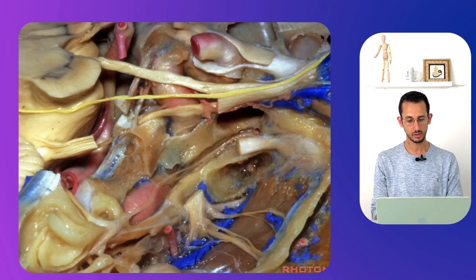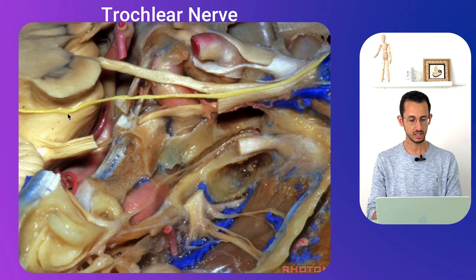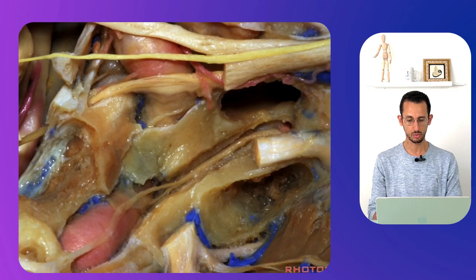In this picture, the trochlear nerve, you can see, is going in the pathway, again, just to repeat that, through the ambient cistern all the way anteriorly, inferior to the oculomotor nerve, and then it crosses on top, superior, until it goes into the superior orbital fissure.